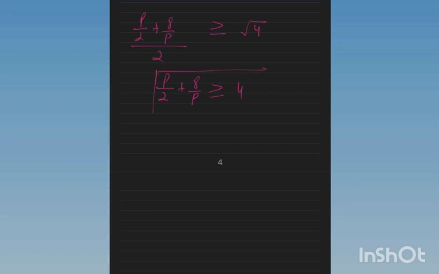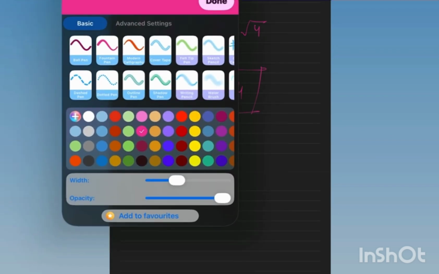So now we can say that P by 2 plus 8 by P, the minimum value of that, will be 4.